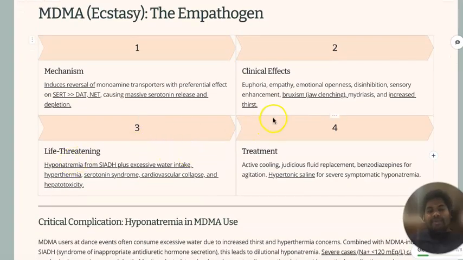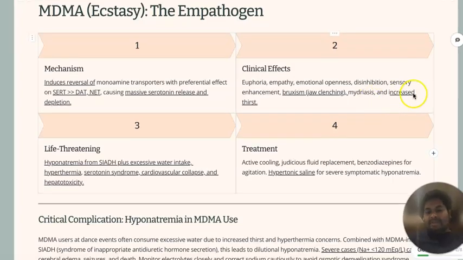So one thing we have to understand is that MDMA is called an empathogen, which increases empathy or emotional connection between persons, but also it leads to increased thirst.